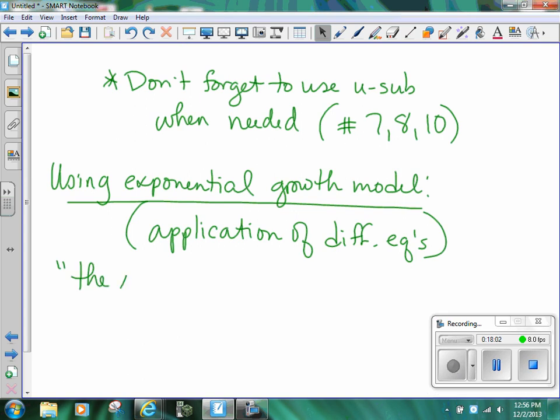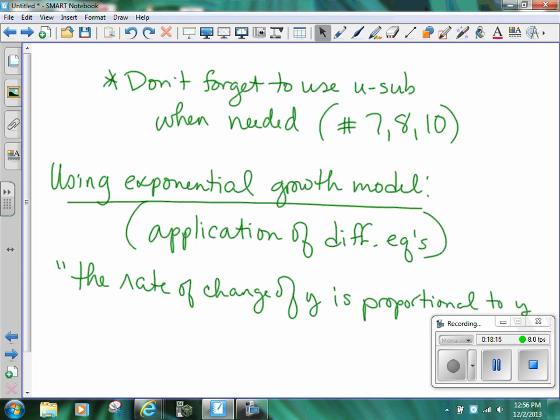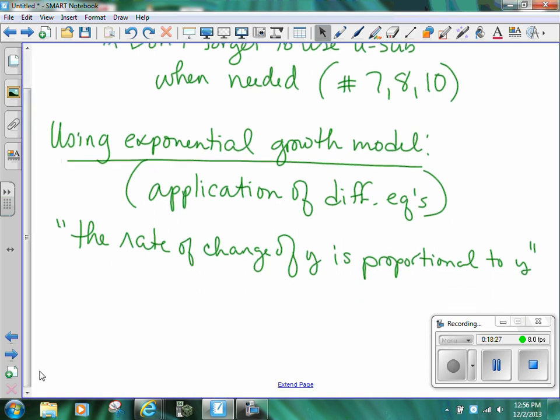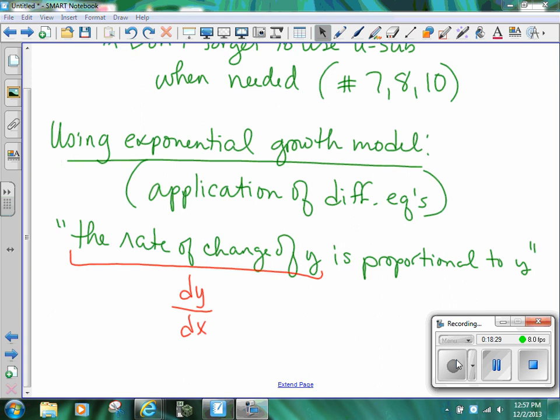Folks, here's what it's going to say. It's going to say the rate of change of y is proportional to y. Well, how's it going to be? dy dx is, hello, is an equal sign.